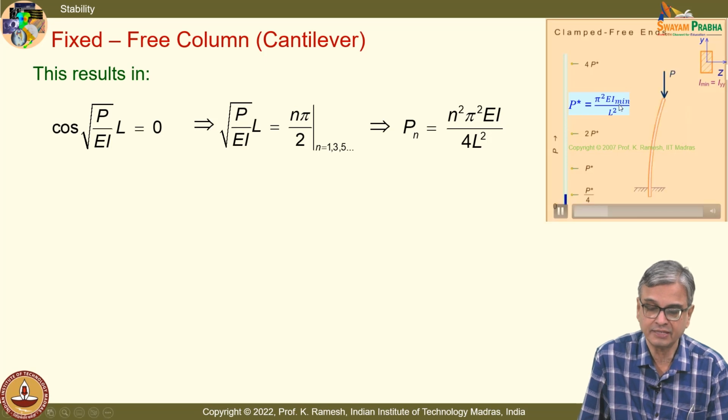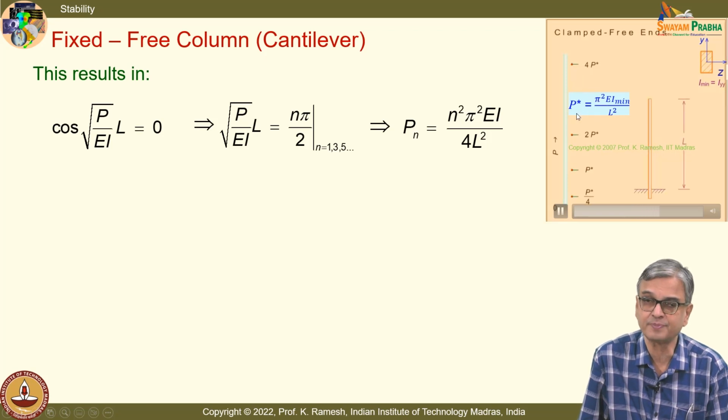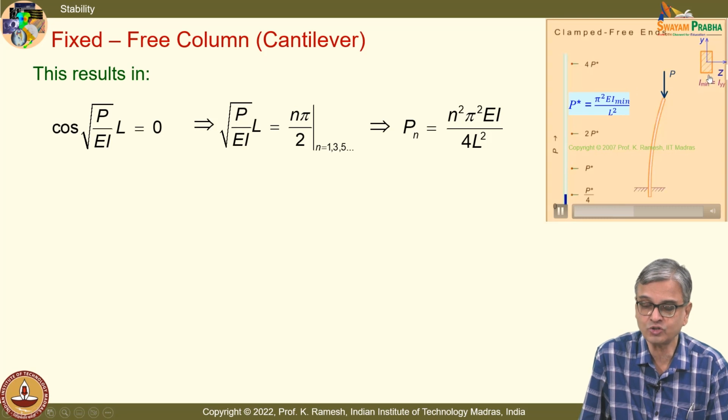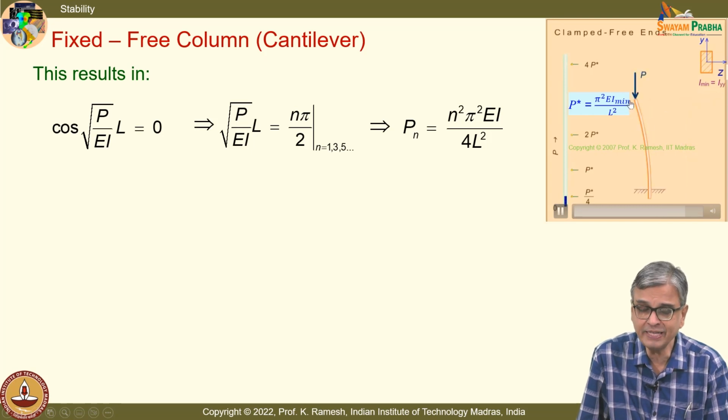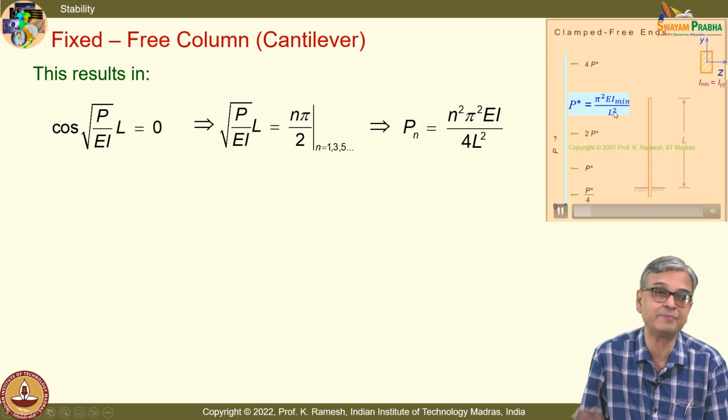And in this what we have done is we have taken the solution for a hinged connection as P star. Compared to P star, all the values for fixed free, fixed hinged, fixed fixed are indicated. And you also have a rectangular cross section, and your minimum moment of inertia is Iyy. So, explicitly in the expression it is desirable to put I minimum.